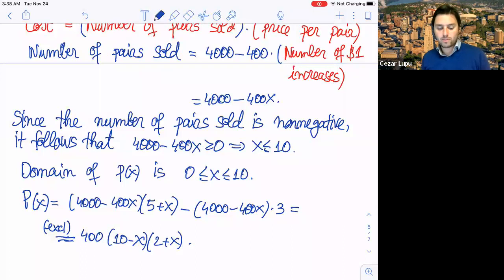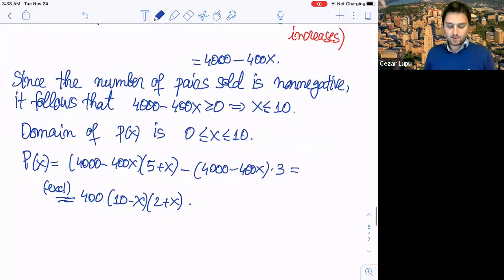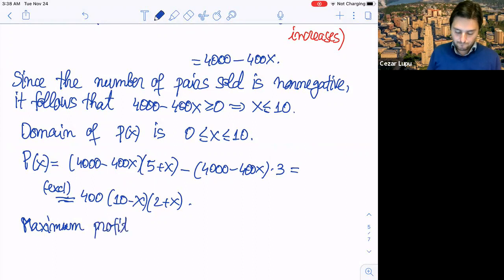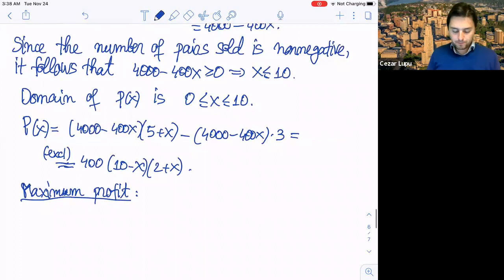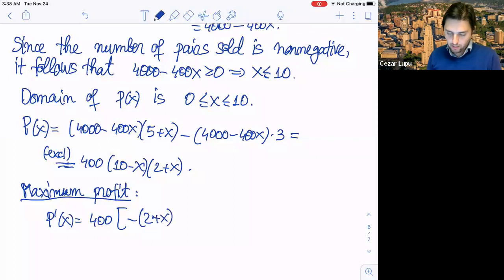And now we would like to maximize this. So for the maximum profit, p prime of x is 400, and now we're going to take the derivative of this. We apply the product rule here: negative 2 plus x, plus 10 minus x.